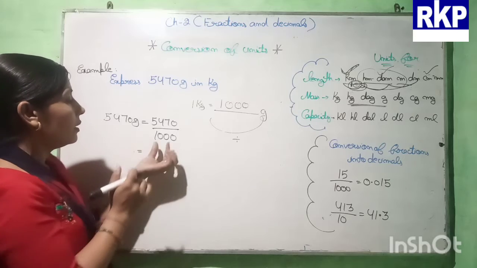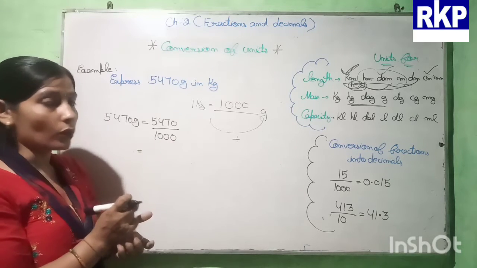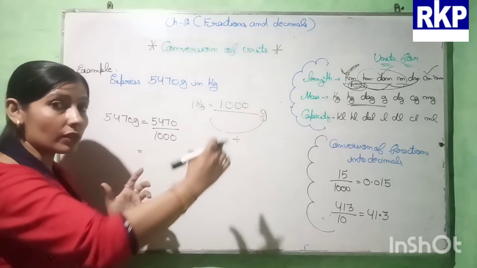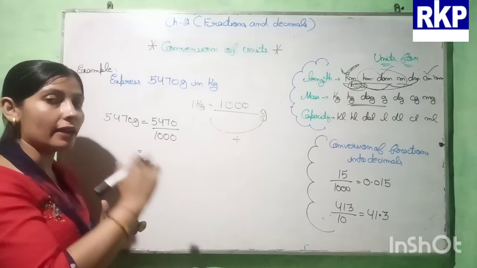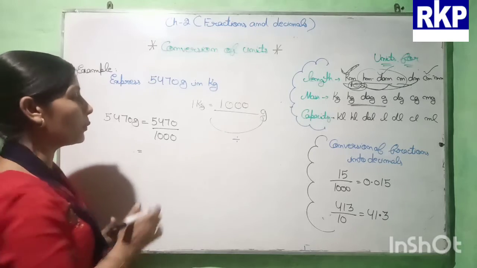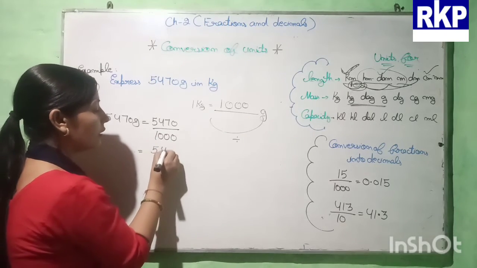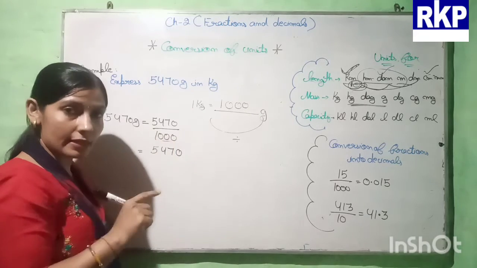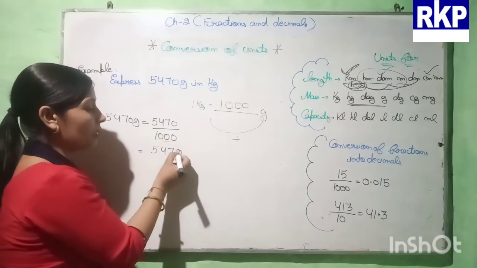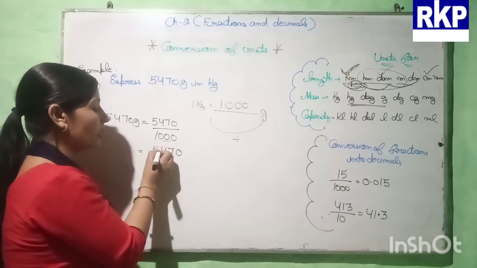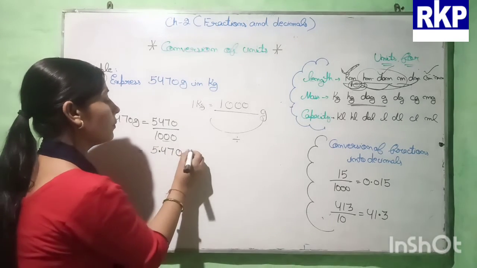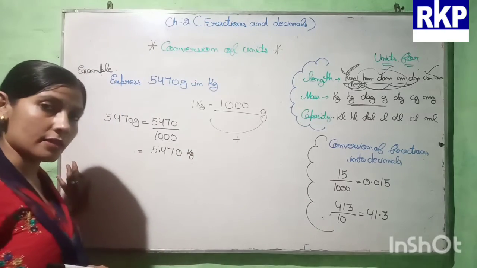Here we are having 3 zeros. So we have to leave 3 digits from the right side, and then we put the decimal point. First we will write the numerator as it is. Now we have to leave 3 digits from the right side. So 1, 2, 3. Here we will put the decimal point. So 5.470 kilogram is the answer.